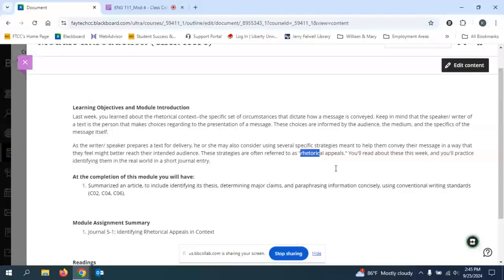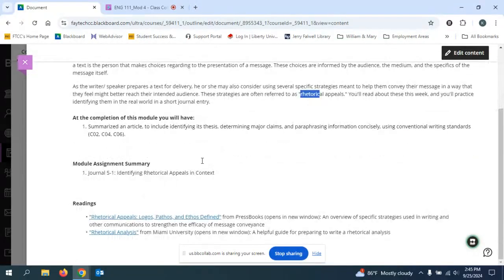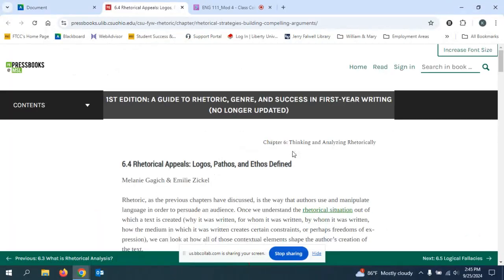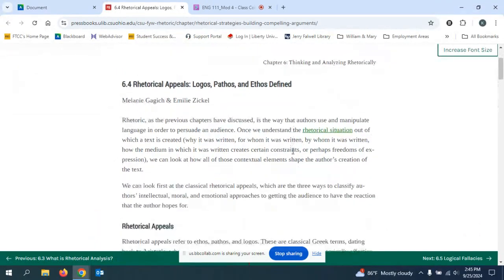You appeal to certain parts of their personality to get them to understand what you're saying or to agree with what you're saying. Now, if you scroll down, you've got some documents here that will help you out. So this one defines 3 important rhetorical appeals.